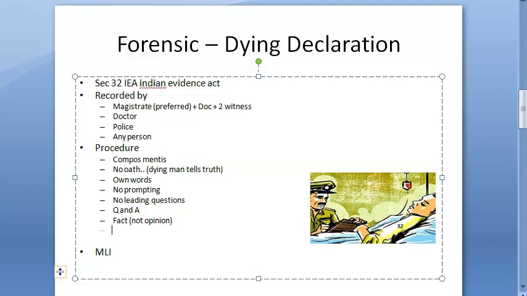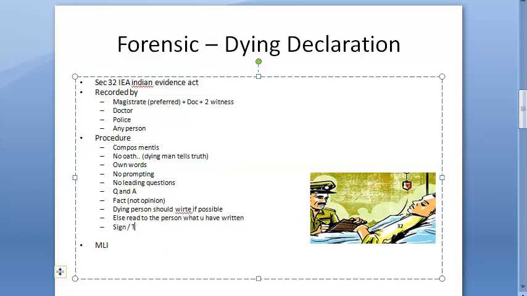If possible, in the beginning itself, the dying person should write. That's why it says oral or written statement of the person. He should write if possible, else read to that person what you have written, and he should sign it, sign or thumb impression.